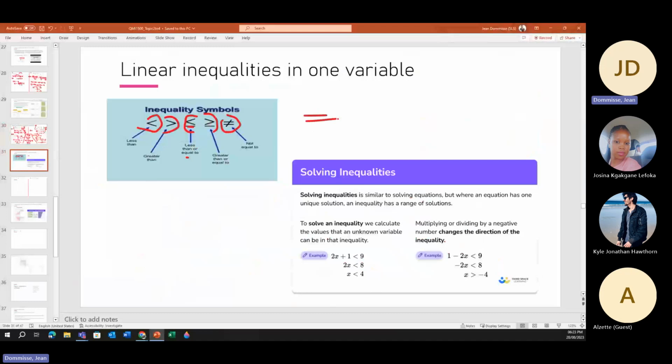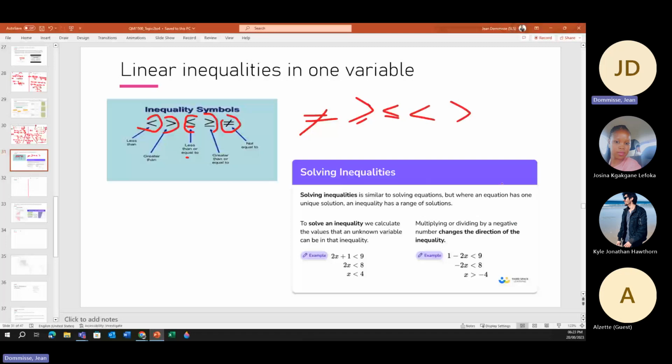So it is just not equal, bigger or smaller, smaller or equal, bigger or equal. Okay, so that is your five inequalities that we normally work with.